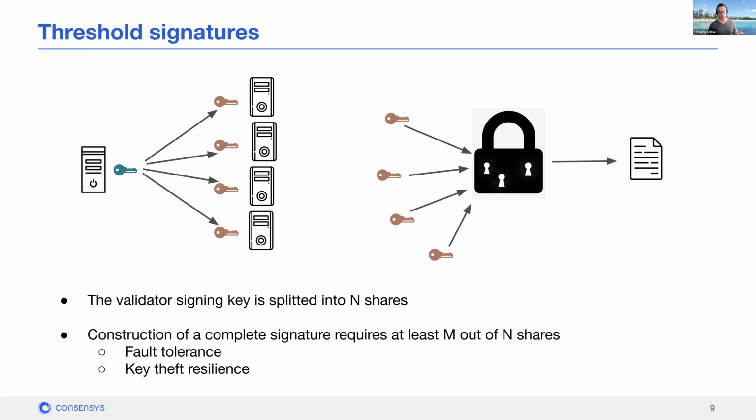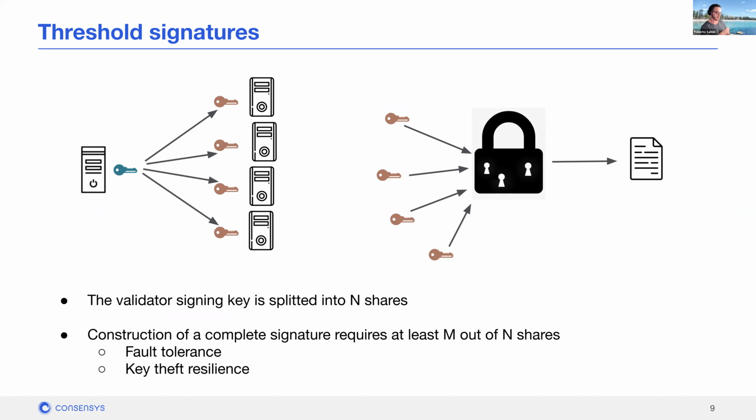The way threshold signatures come into play in the protocol is that the validator signing key is split into n shares, and these n shares can be used to reconstruct the signature as if it was signed by the original validator signing key.